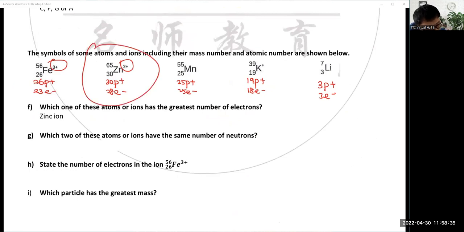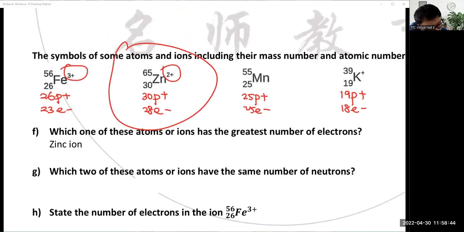Then after that, which 2 have the same number of neutrons? Same number of neutrons, use the subtraction. So 56 minus 26 will be 30 neutrons. 65 minus 30 will be 35 neutrons. 55 minus 25 will be 30 neutrons.